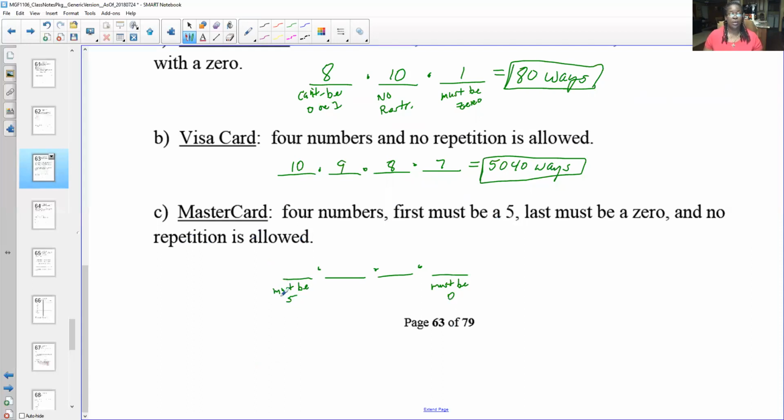We know that the first one must be a 5, so there's only one to choose from there. Then the last one here must be a 0. That's only one choice there. We've used up 2 numbers. That means we only have 8 numbers left. So for this next one, we only have 8 to choose from. And when we look at our next one, we have 7 to choose from, since we can't have any repeating numbers. So what's 8 times 7? 56 ways.